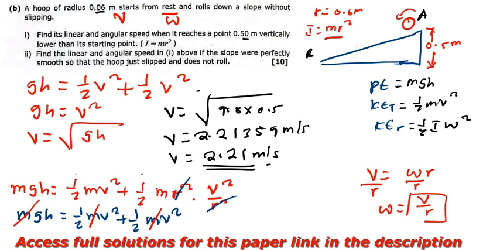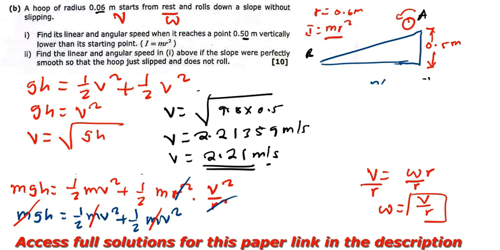Now I want you to understand another thing here. We have found that v is equal to 2.21 meters per second. The question was, and is still saying, find its linear and the angular speed.